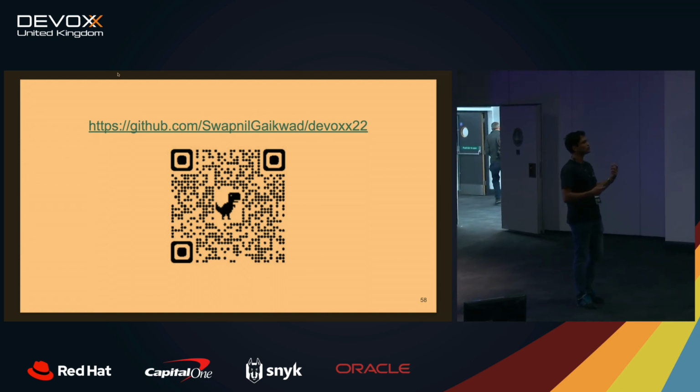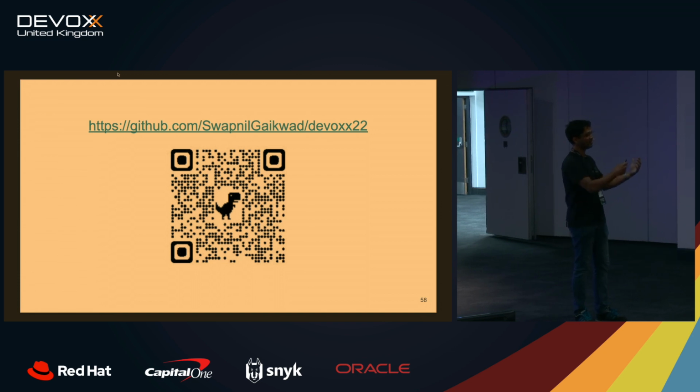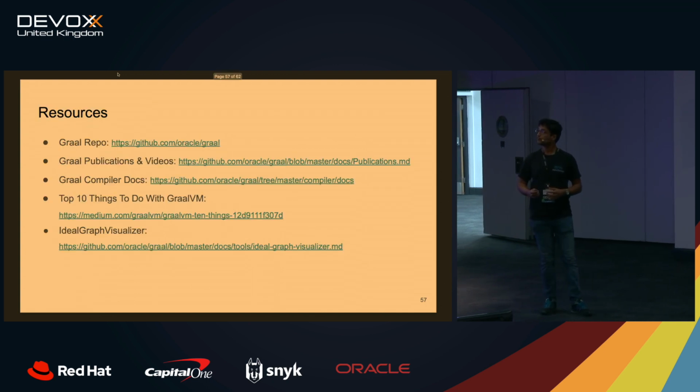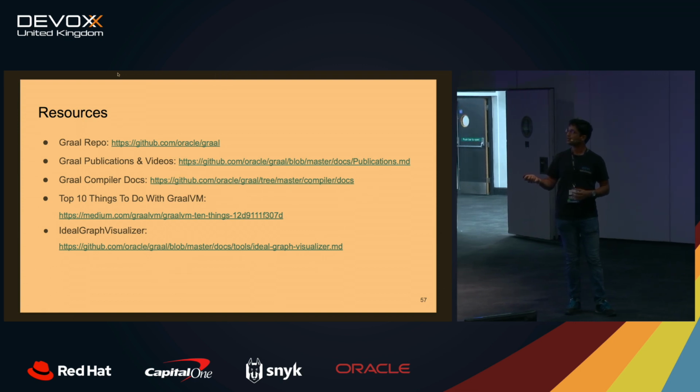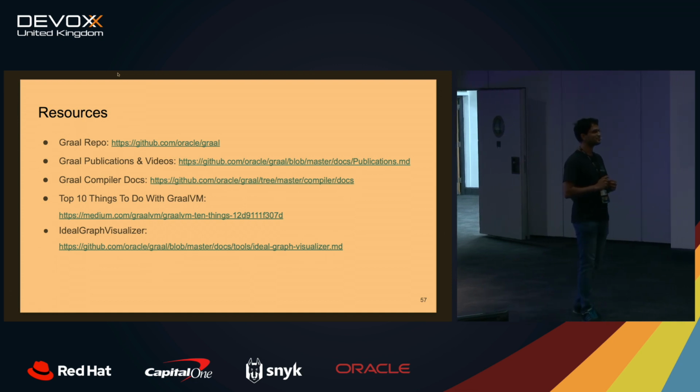Then there is also an approach where you use ahead-of-time compiled Graal to compile other stuff. So you attach it as a library. You will find more information about that in "10 Things to Do with GraalVM", this URL. It's quite interesting.